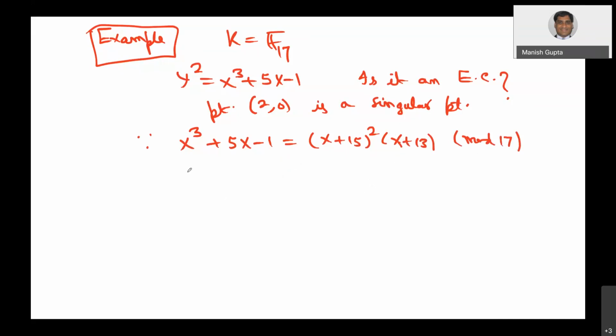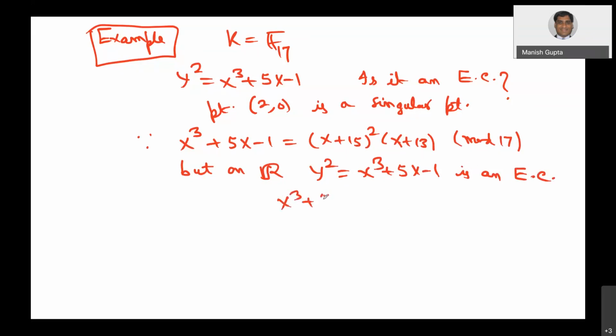But on real numbers, y square is equal to x cube plus 5x minus 1 is an elliptic curve. You see, you change the field, then there is no singular point there. In fact, in that case also, this equation x cube plus 5x minus 1 has no multiple roots.